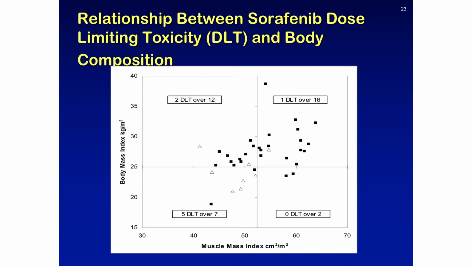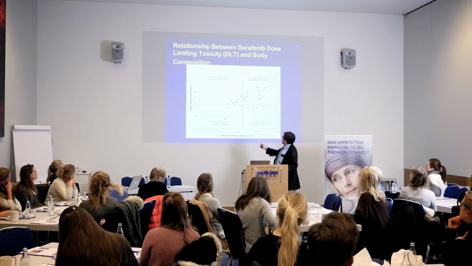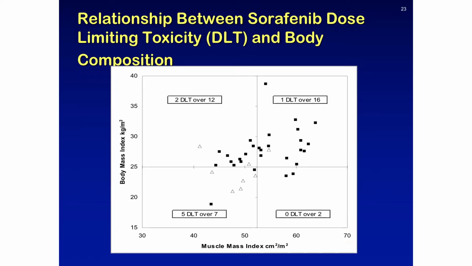If you have renal cell cancer patients who are very big and very muscular, only about 1 out of 16 of them got sick. On the other hand, if they were very small and not very muscular, almost 80% of them got sick in terms of toxicity.